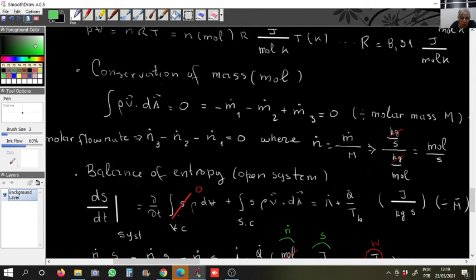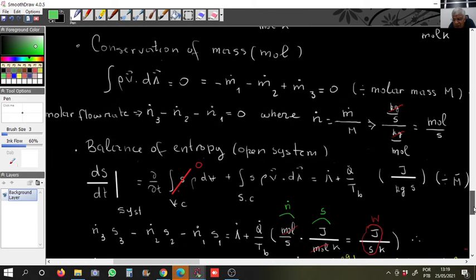Now, attention, this is not conservation of entropy. Don't use this word. It's the balance of entropy, because entropy is not conserved; you have generation.